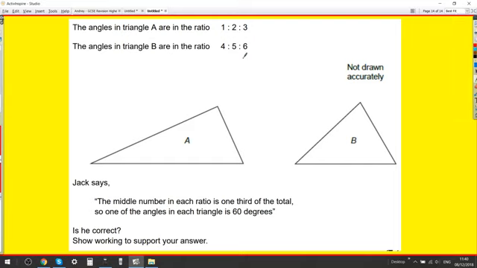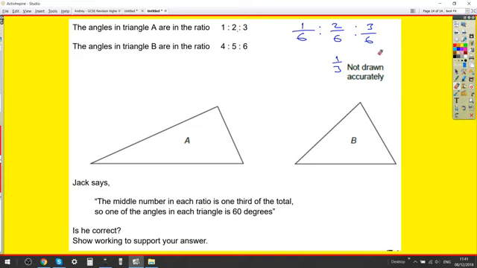A total of 60 degrees. No. So what is the total for the first ratio? 6. And so as fractions, that's 1/6, 2/6, 3/6. And so is the middle number 1/3? Yeah. So that's 1/3.